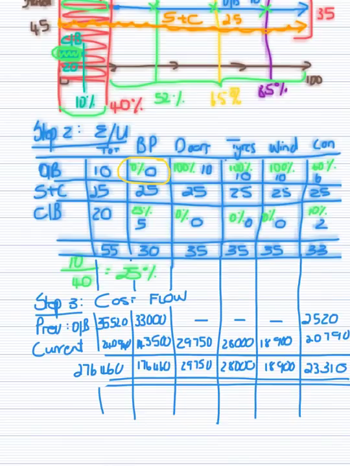Now what we're going to do in step 4 is, we want to calculate the cost per equivalent unit. So if we look at step 4, it's the cost per equivalent unit.